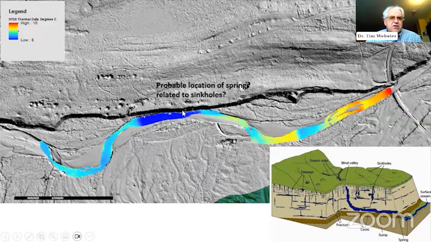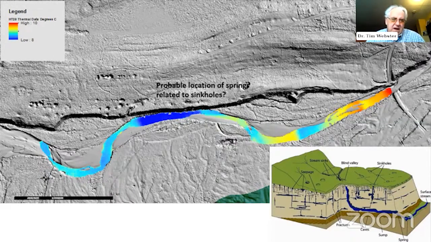But here, this 2-degree area seems to line up when we get close to this cliff area where we have our sinkholes. So we think, in fact, that indeed the karst topography is acting like a plumbing system and allowing that cold spring-fed water to enter into the stream.